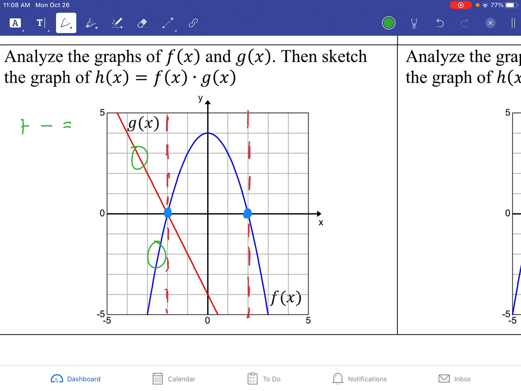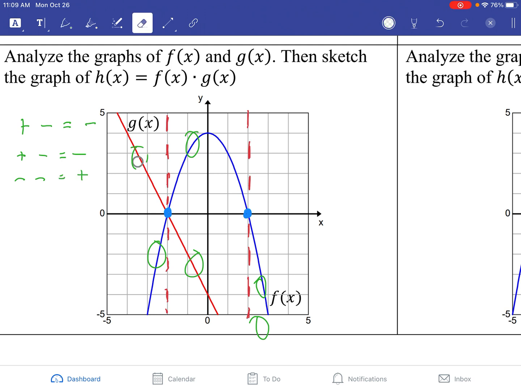So negative times a positive gives you a negative. All right, and the second region, we have a positive and a negative again, which gives us a negative answer. The last region, if you kept this red graph going down, it's going to be negative and a negative, all the way into the bottom. So we got a negative and a negative gives us a positive.